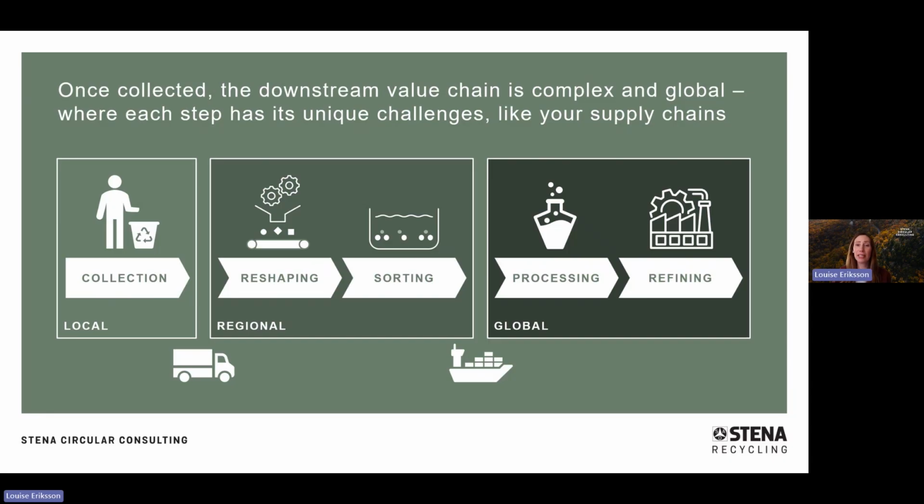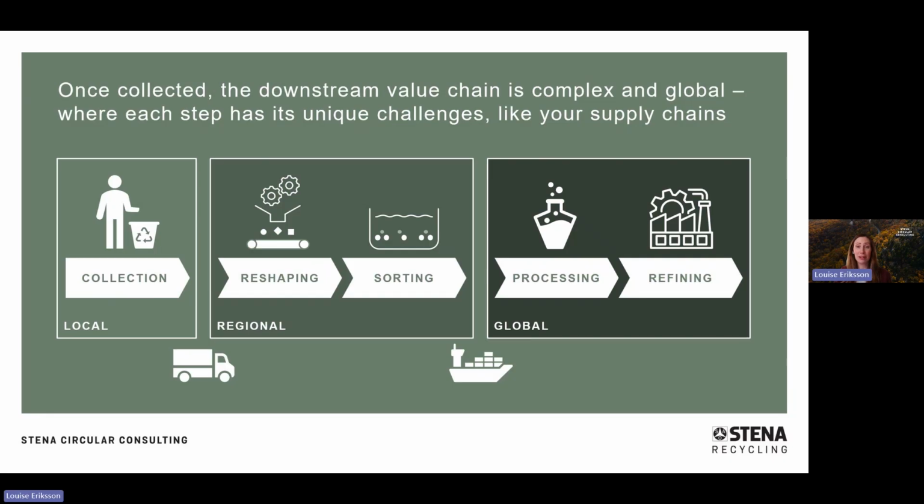The business logic for a recycler is different depending on the value of the collected products or materials. So some materials have high value, like metals. Then the recycler actually pays to receive the material. Then they process the material or the products further to be able to sell them at a higher price at the other end.